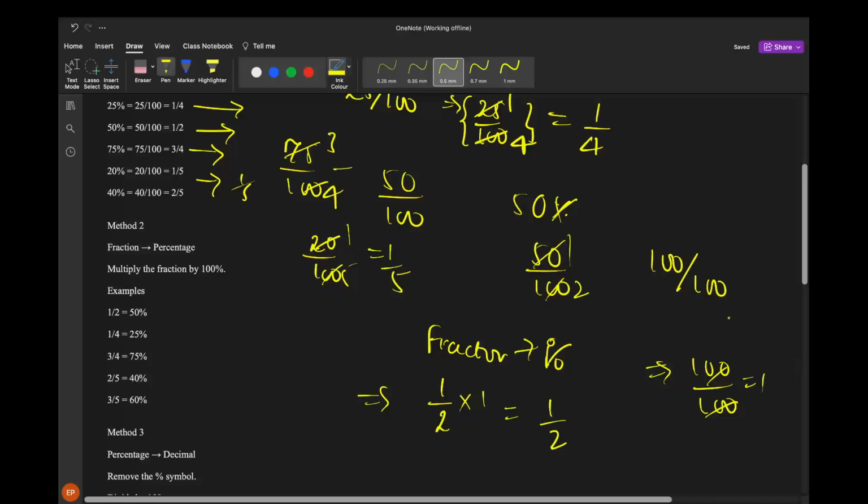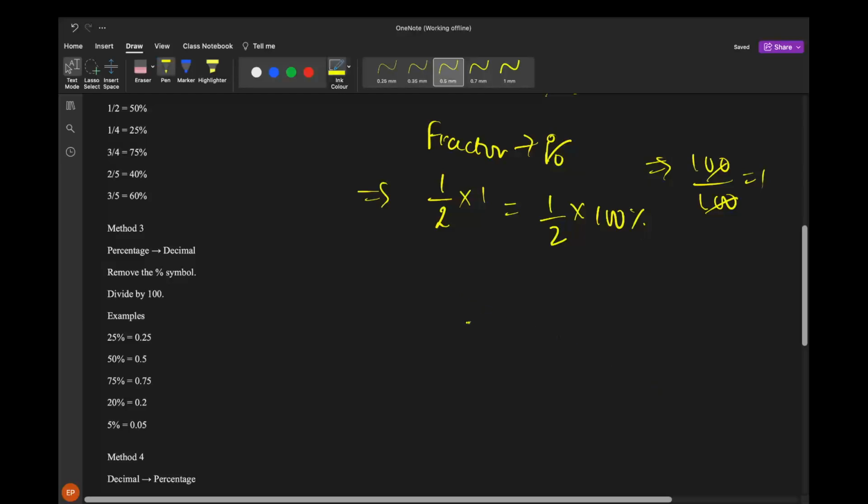So instead of that 100 by 100, I will write 100%. Like that, 1 by 2 into 100%, value won't change. 1 by 2 will remain 1 by 2, because 1 by 2 into 100% means 100 per 100, which gives 1 only. But to convert to percent, I am multiplying 1 by 2 into 100%.